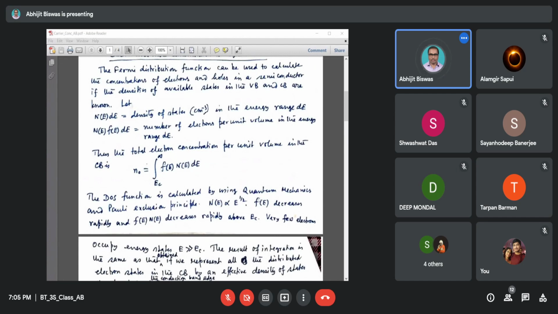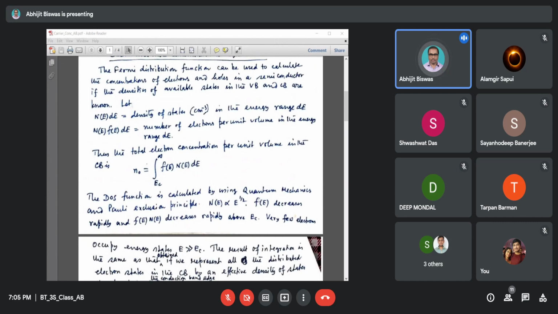Therefore, the total electron concentration per unit volume in the conduction band, that is n0 (the 0 is for equilibrium), is equal to the integration of this expression within the limits from EC to infinity. That means the integration from EC to infinity of Fe Ne dE.